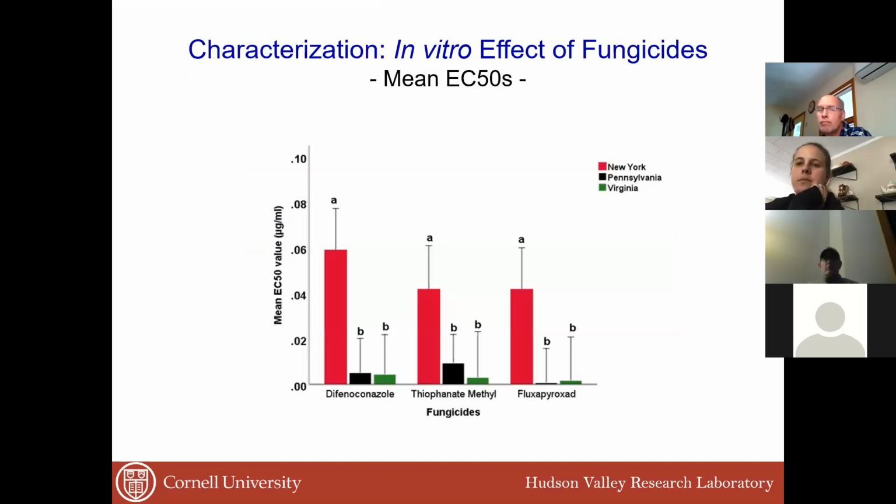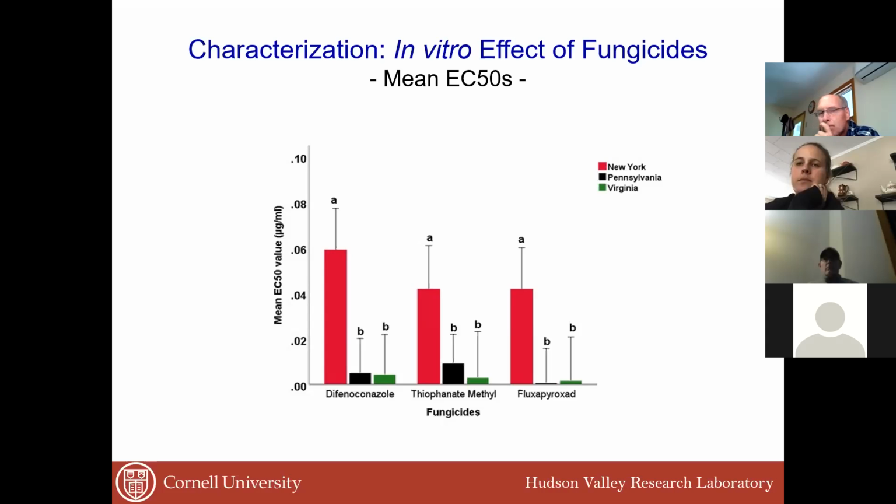Then we also tested different fungicides in the lab against these isolates. And what we found, when we looked at the mean effective concentrations of fungicides to suppress 50% of the mycelial growth of the fungi in the petri dish, was that overall we see differences between the isolates from New York versus the ones from Pennsylvania and Virginia. We see that there is more tolerance to fungicides in isolates from New York.